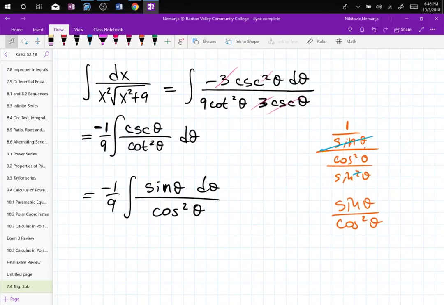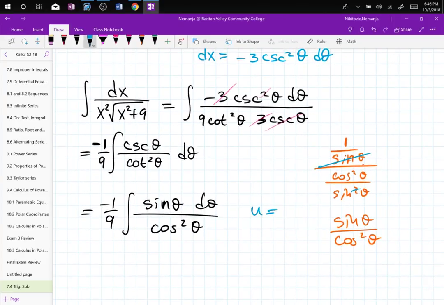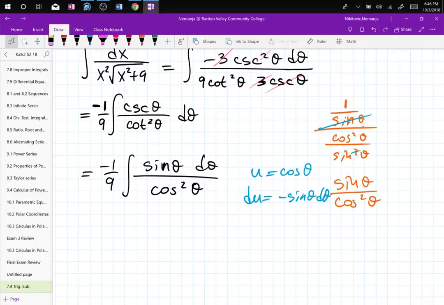u equals cosine theta, du equals negative sine theta d theta. Now we're going to steal the negative from 1 over 9. So we have 1 over 9 integral du over u squared.